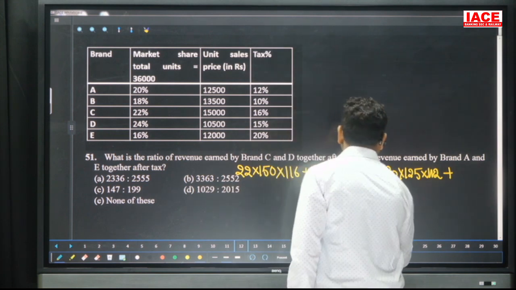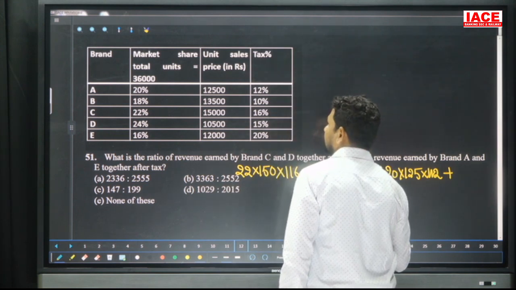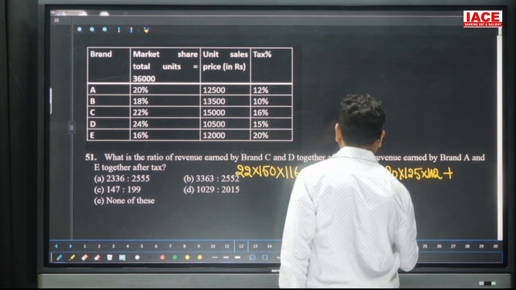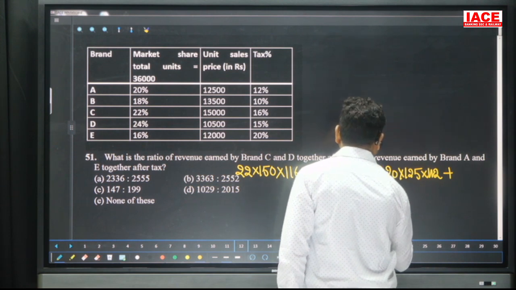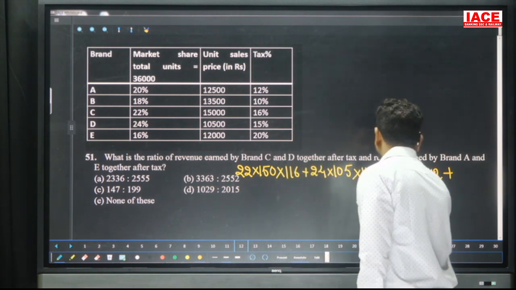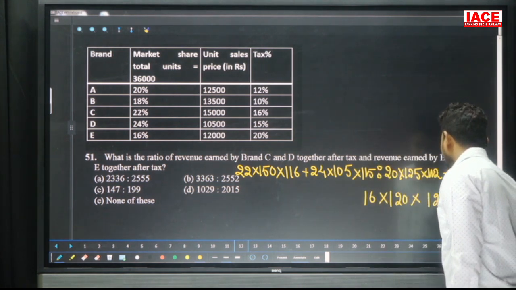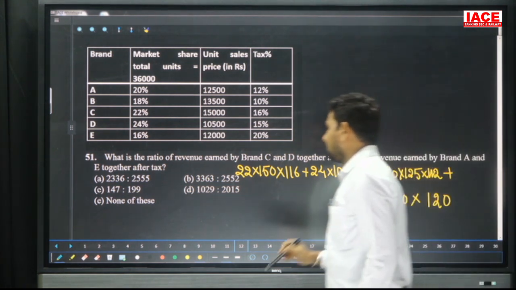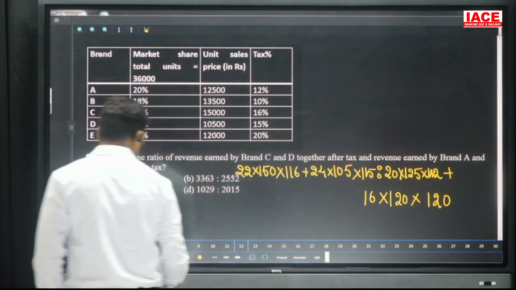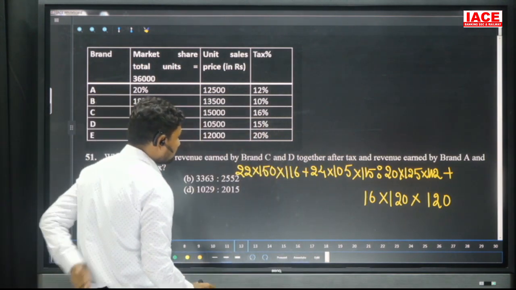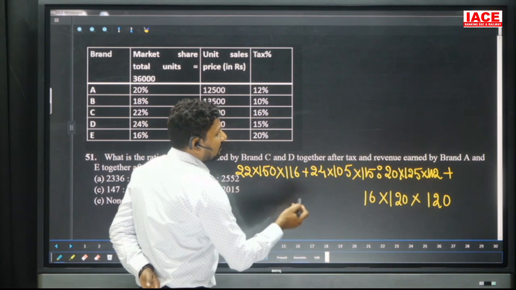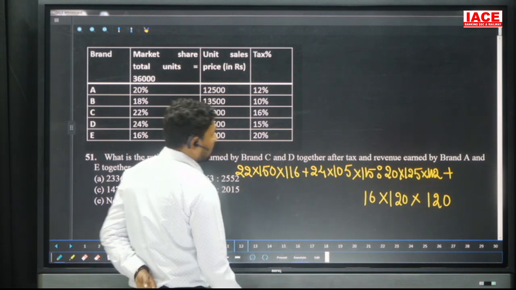E is how much here, 16 into 120, into 120. This is for E value. We should calculate this total value to simplify here. Each and every term cancels with 25.